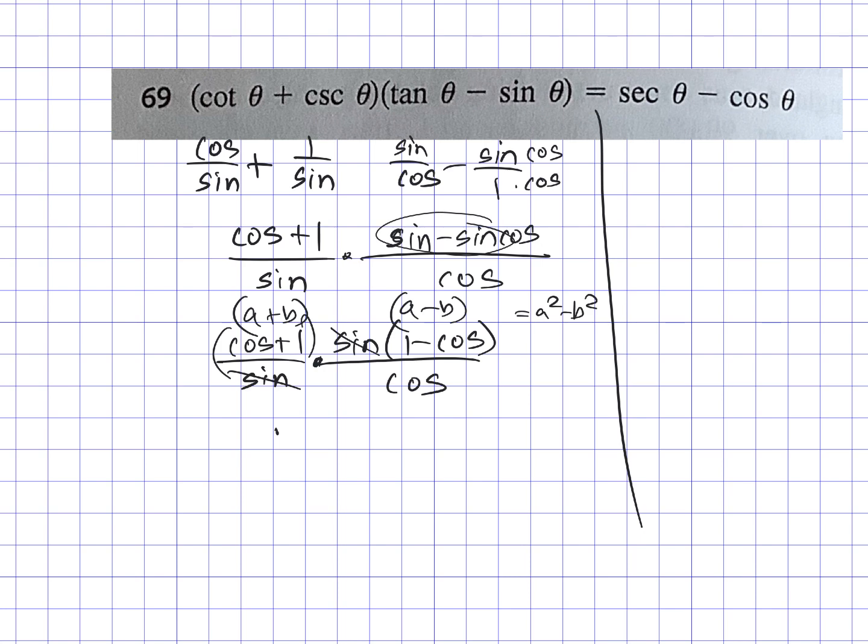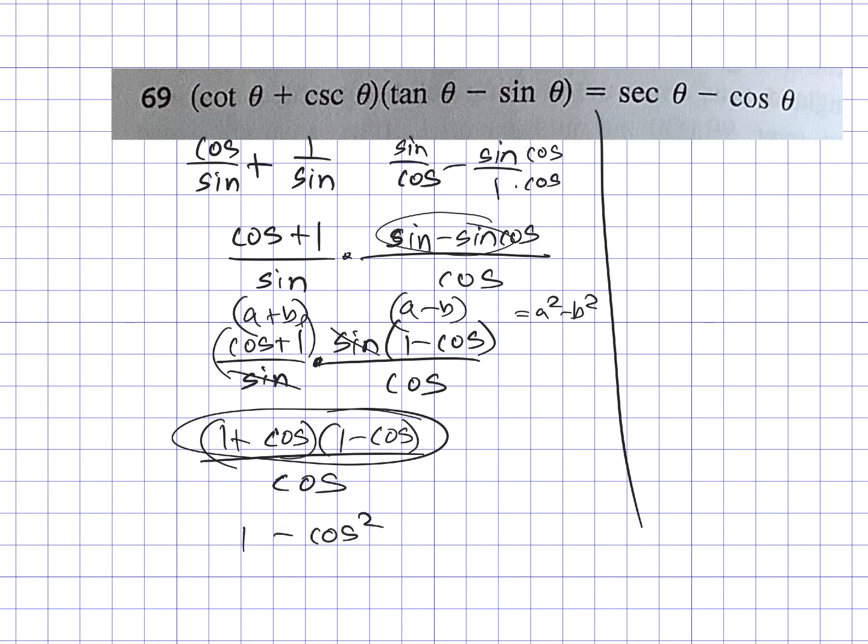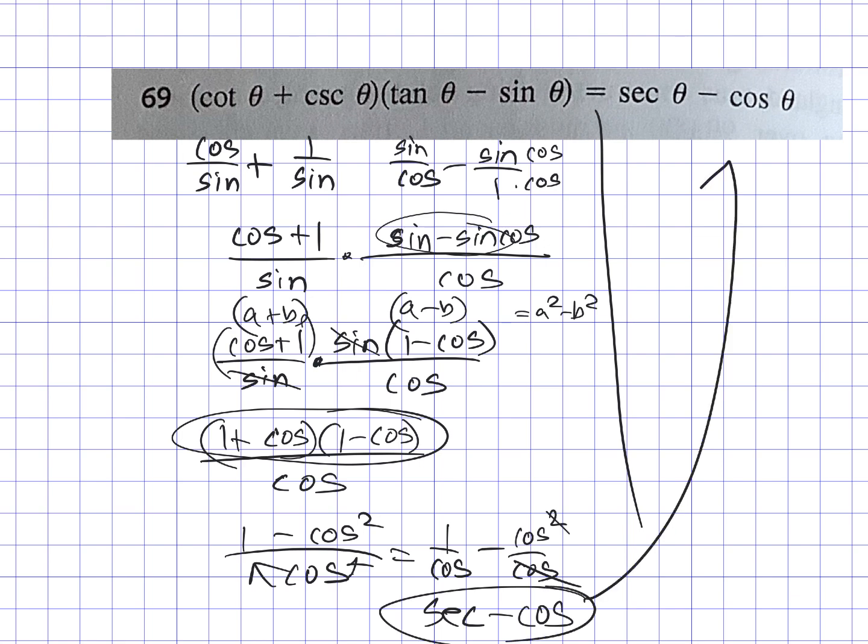Let me rewrite it. 1 plus the cosine of theta times 1 minus the cosine of theta all over the cosine of theta. All right, so now this is the difference of squares on the top, so it's 1 minus cosine squared all over cosine. Let's put cosine underneath each thing, and we get 1 over cosine minus cosine squared over cosine. 1 over cosine is the same thing as secant, and one of these cancels with one of those, leaving just 1 left. Check.